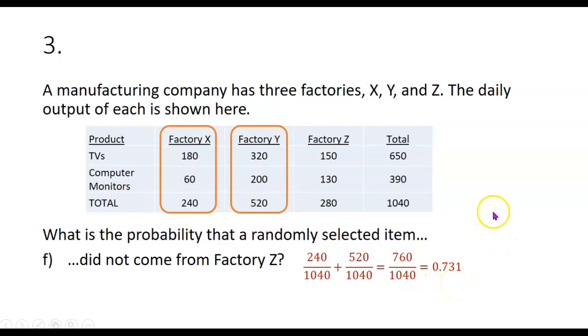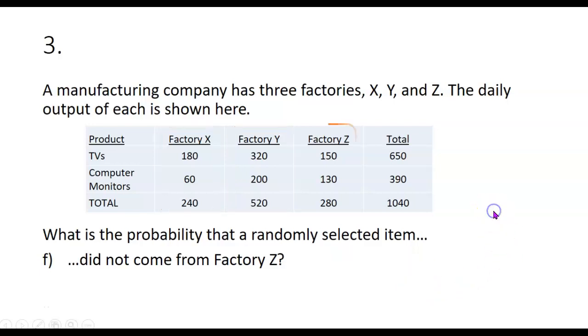Or we could use that rule about complementary events and say the probability that it did not come from factory Z would be 1 minus the probability that it did come from factory Z. So 1 minus 280 over 1040 is 0.731.